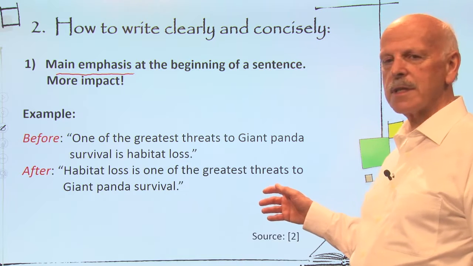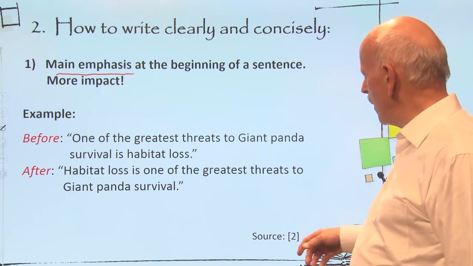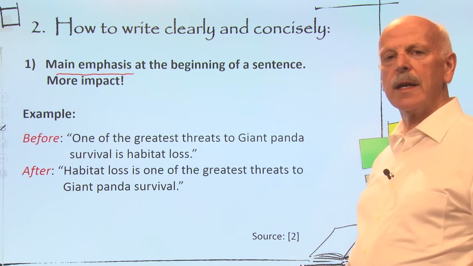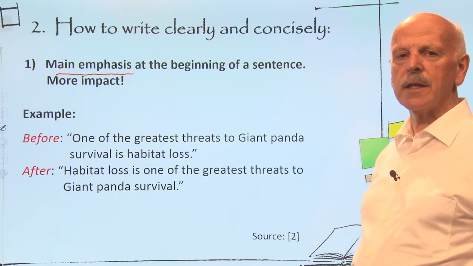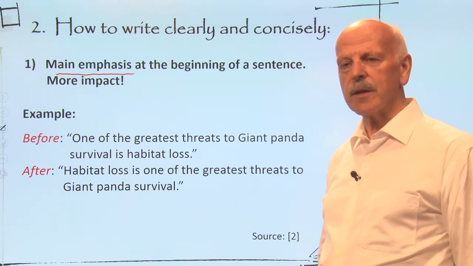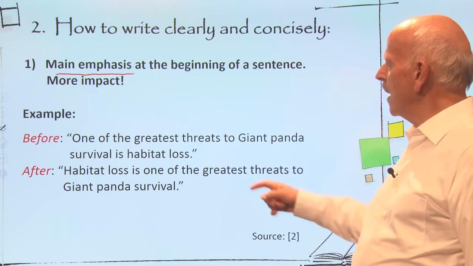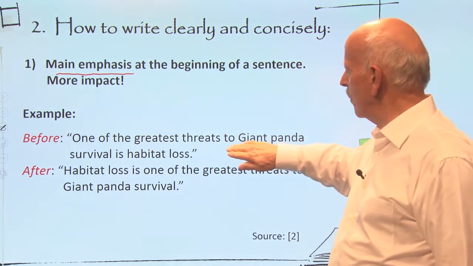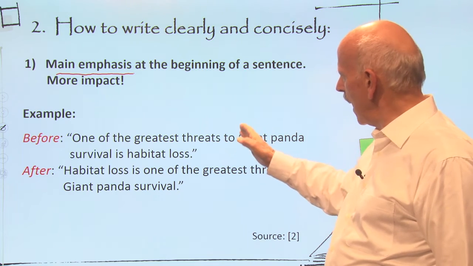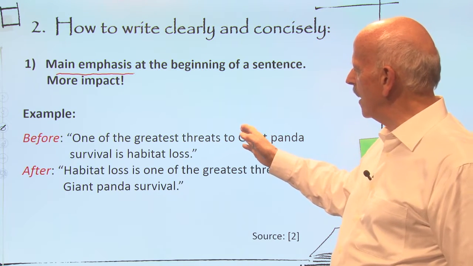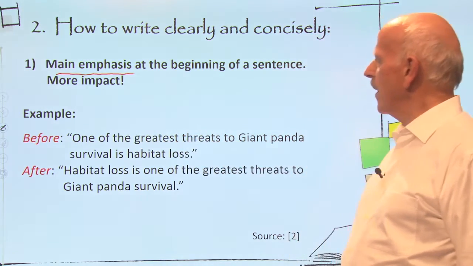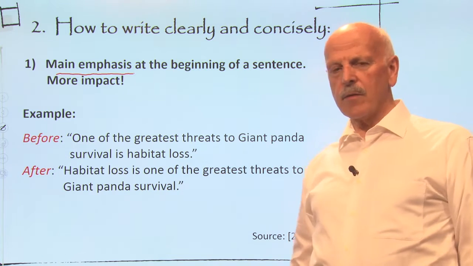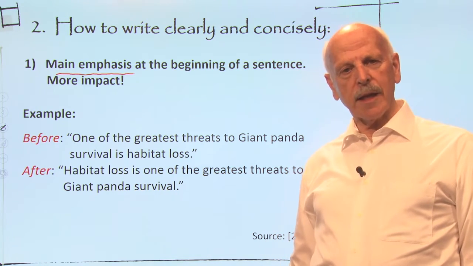And if you look at this example here, which is from a real paper, source number 2, and the sources are listed at the ends of each part of this OCW. Before you get to giant panda here, there are several words that we don't know where it's leading.